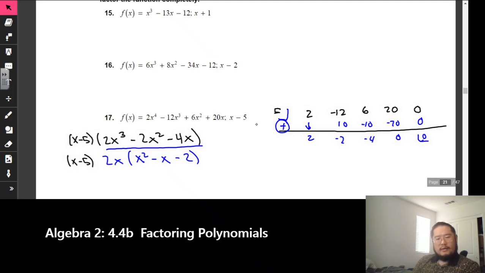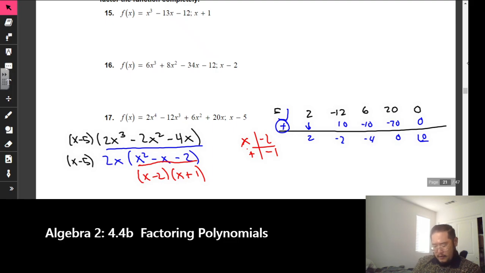So in the end, we have this trinomial here. And we've got to figure out what are factors of negative 2 that add up to negative 1. Hopefully you got it. Negative 2, positive 1. So this will turn into x minus 2, we have x plus 1.